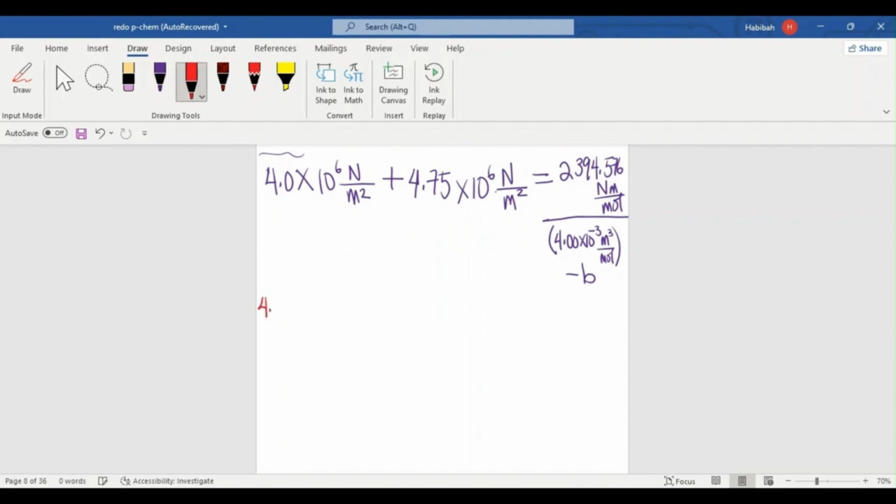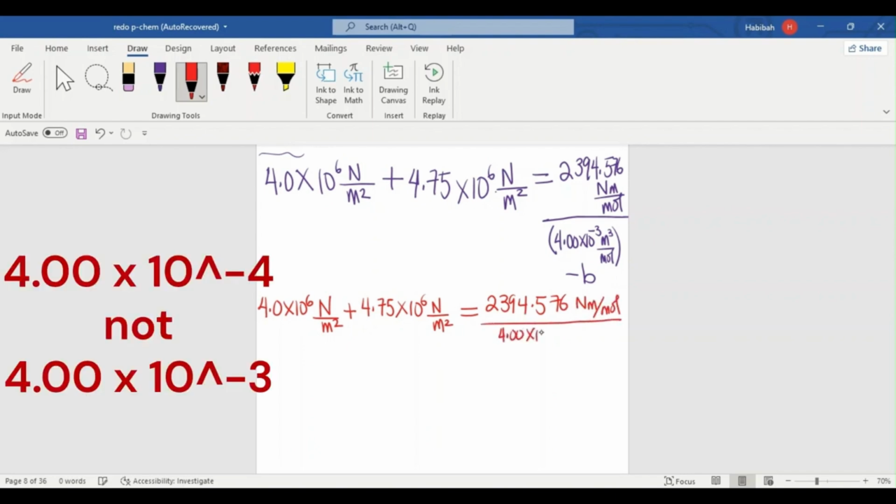So you have 4.0 times 10 raised to the power of 6 Newton per meter squared plus 4.75 times 10 raised to the power of 6 Newton per meter squared equals 2394.576 Newton meter per mole, divided by this information here, 4.00 times 10 raised to the power of negative 3 meter cubed per mole minus B.